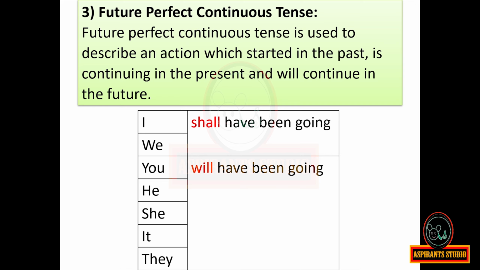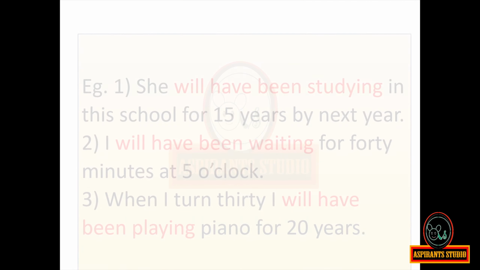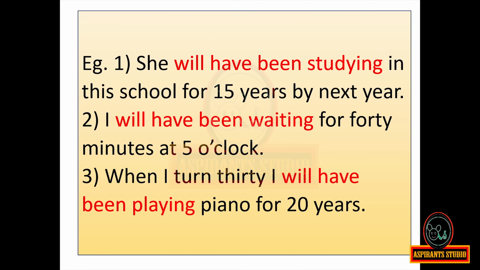For you, he, she, it, and they, will have been going is used. Example, she will have been studying in the school for 15 years by next year. I will have been waiting for 40 minutes at 5 o'clock. When I turn 30, I will have been playing piano for 20 years.